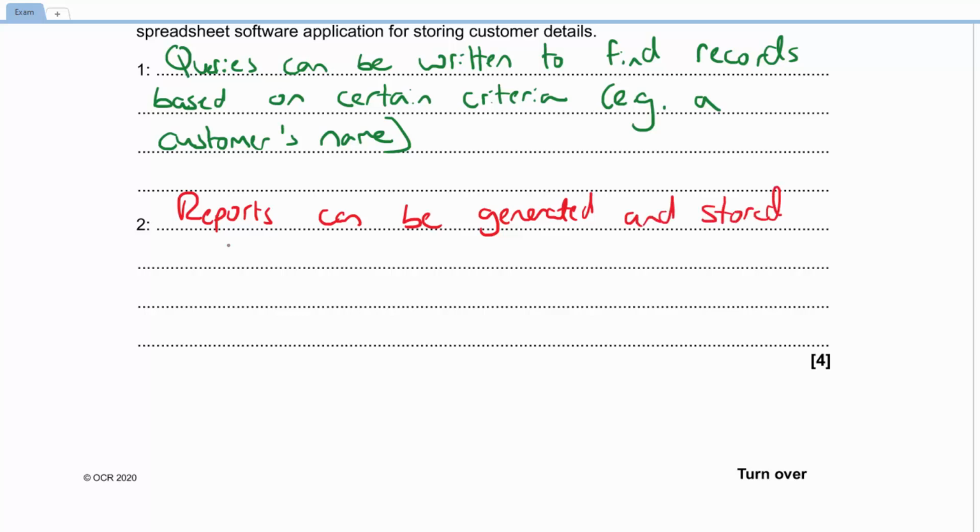They don't just go straight away, and stored, which we could say allows analysis. We could say summarize data, analysis to be done when required, right? So you don't have to do it immediately. You can save a report and you can do that analysis whenever you want to, and it's quite easy to do actually as well.